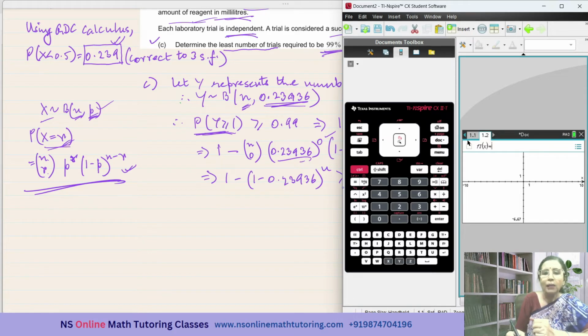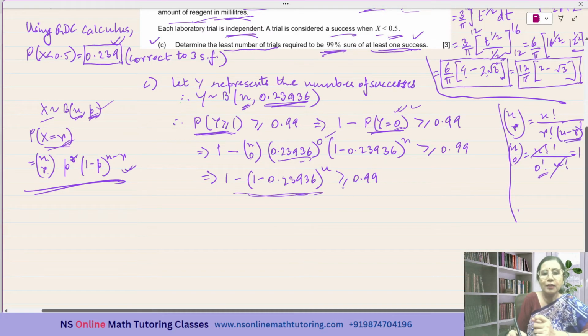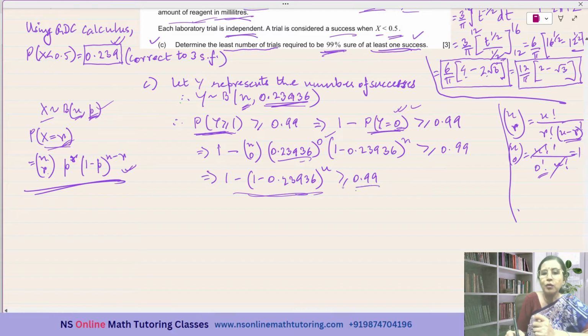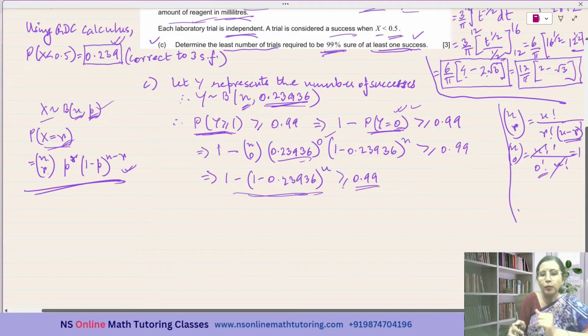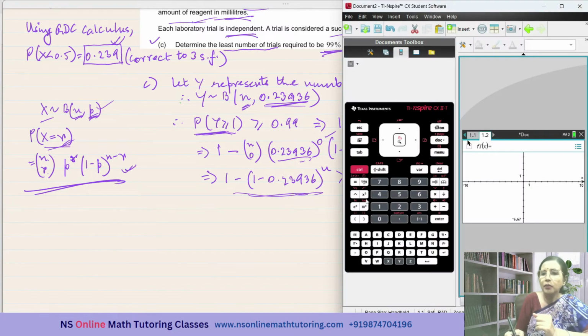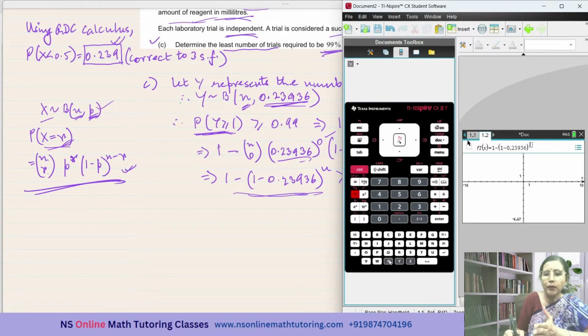I'll be drawing two graphs, one for the left hand expression and the other y equals 0.99, a horizontal line. So it will be 1 minus 0.23936 raised to the power of x, because I'm graphing, I have to take the x.